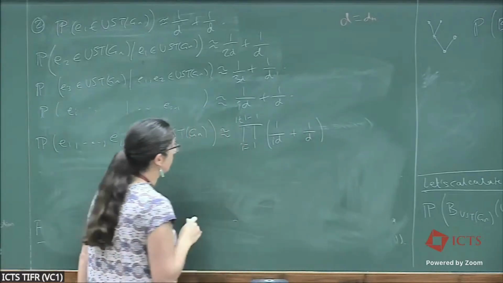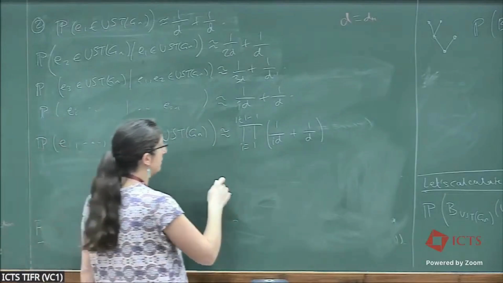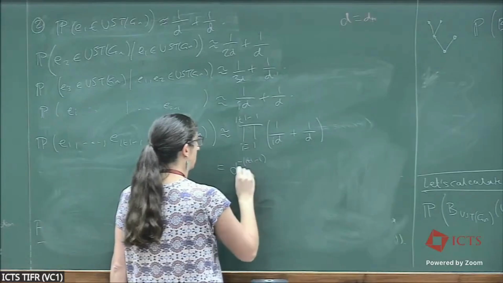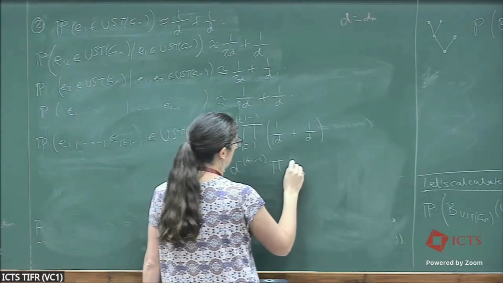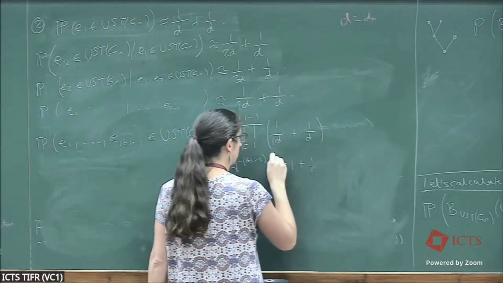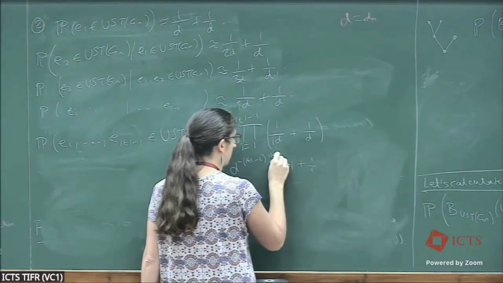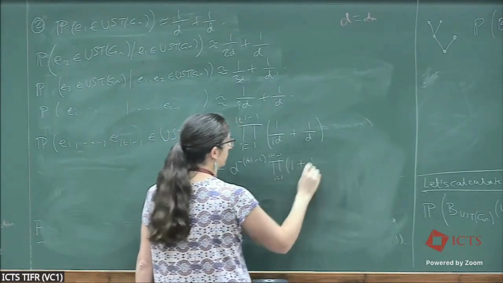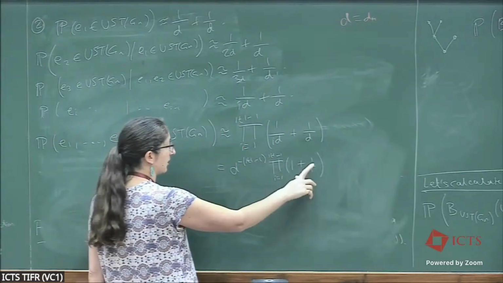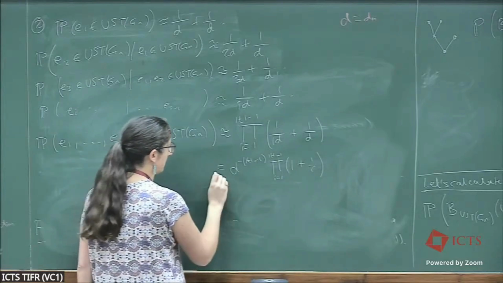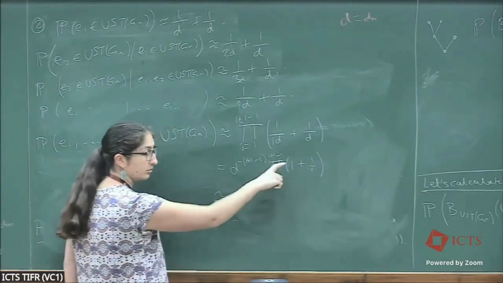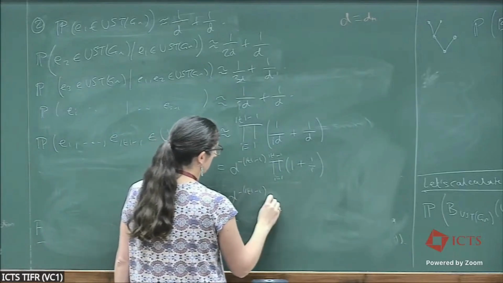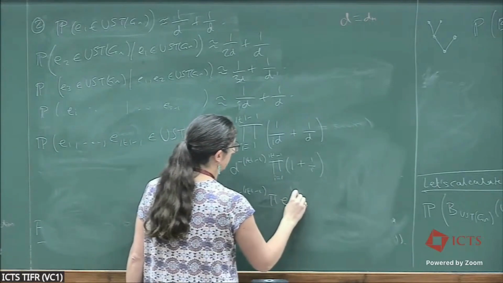So what can I do? I can factor out the d, for example. Then I have the product of 1 plus 1 over i. I'm just doing lots of approximations. For most of the terms i is large, so this is small, and I'm going to approximate this by the exponential of 1 over i.